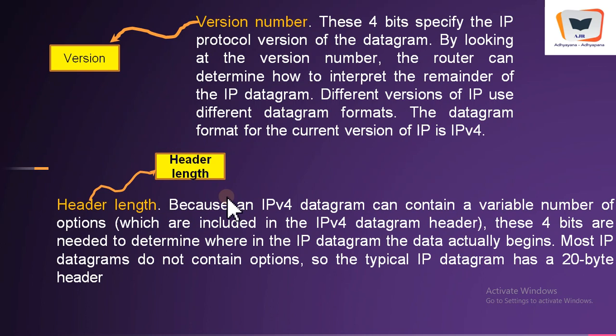Then comes the header length field. This is also a 4-bit field. It indicates the variable number of options which are included in the IPv4 datagram header. These 4 bits are needed to determine where in the IP datagram the data actually begins, because after the end of the header, which is indicated in bytes, what comes is the data portion.